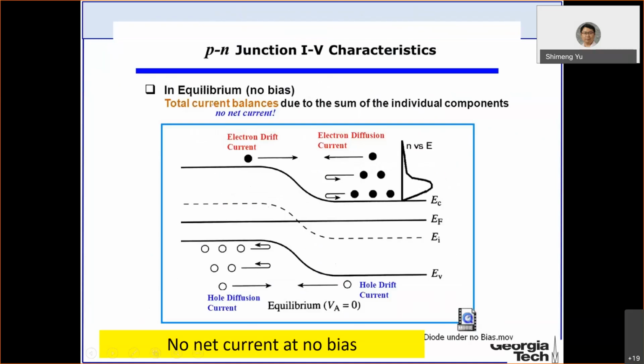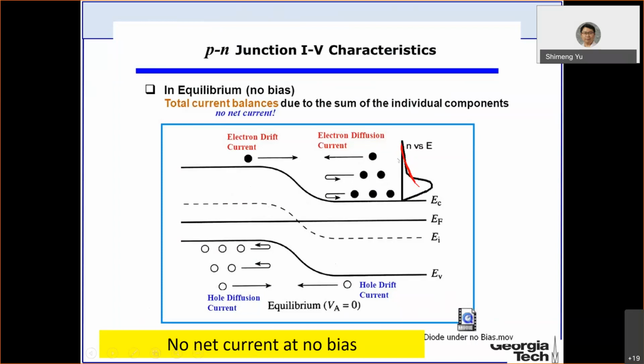So let's look at why is that. So here is in equilibrium state. That means no external voltage bias. And the electron in the N-type, of course, we have more electrons in the N-type. So here, this is N-type to the right-hand side. And then the electrons are in the conduction band. But the electrons will follow the Boltzmann approximation of the Fermi function, where you have the exponential decay towards higher energy level.